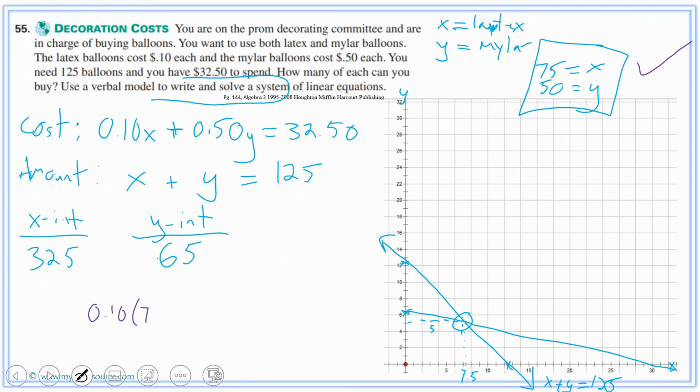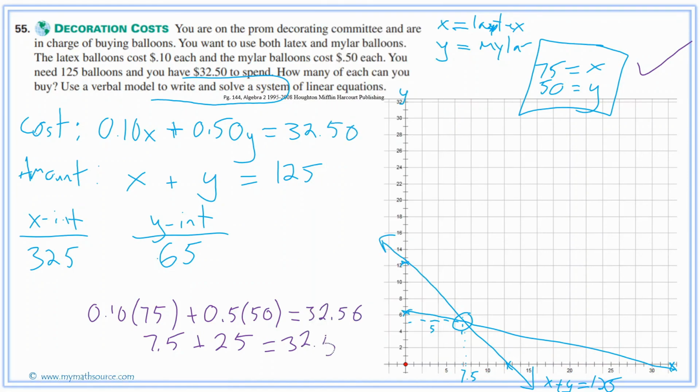And we could just check that out. 0.10 times 75 plus 0.50 times, what's my Y? 50, is equal to 32.50. All right, a tenth of 75 is 7.5, plus half of 50 is 25, and does that equal 32.50?